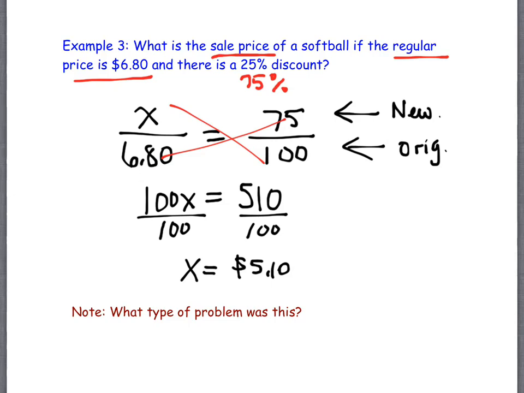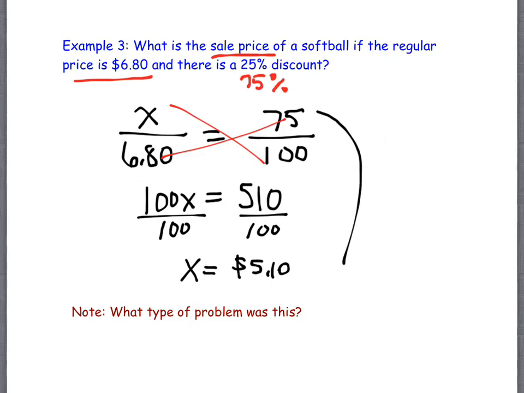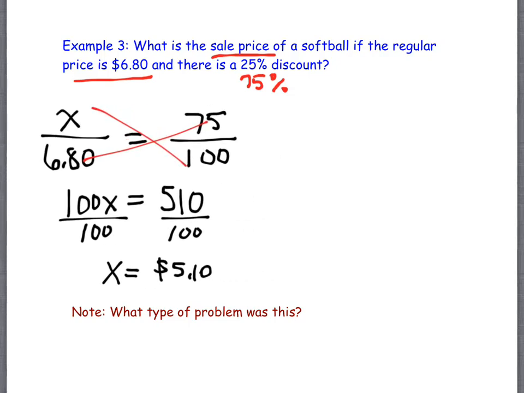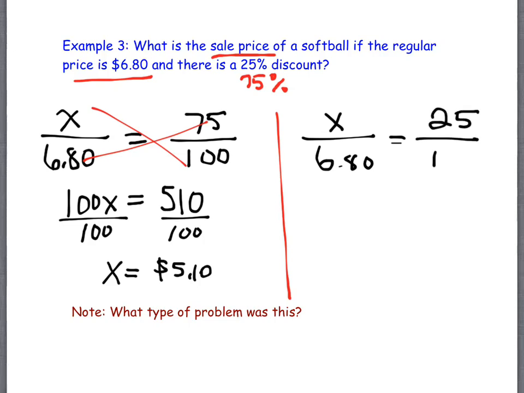Let me show you an alternate way, if maybe you didn't catch the 75% at first and you already started the problem, and you already solved it once and you don't really want to start all over again just because you used 25% instead of 75%. I'm going to show you what you could do. You could set up the problem as x over the 680 and the 25 over the 100.